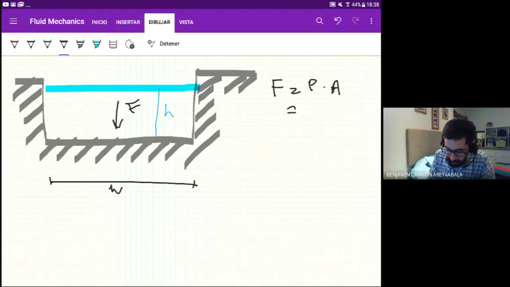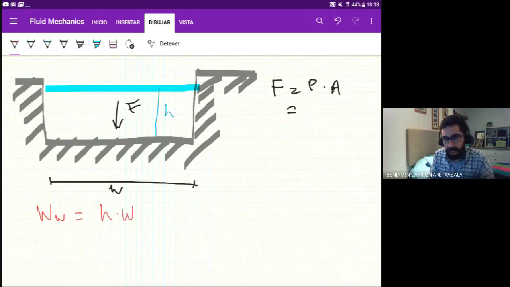The weight of water is going to be the volume, which is h times w times 1 meter into the screen, times gamma. That's the weight of the water, and that's the total force acting on the bottom, right?